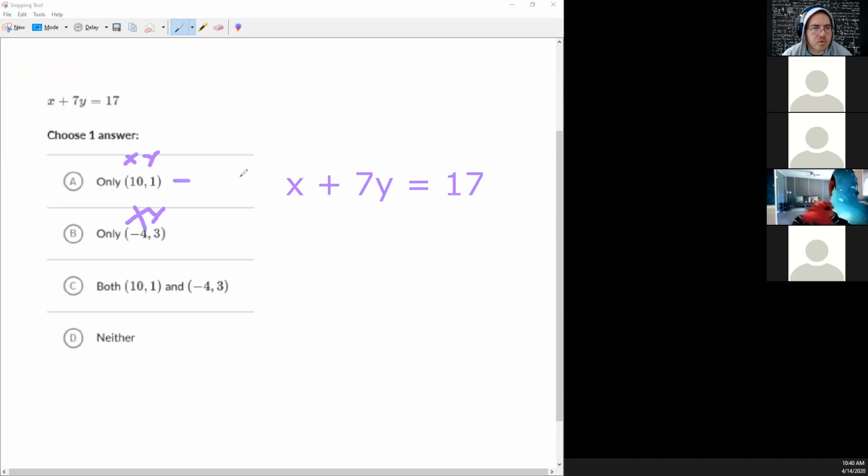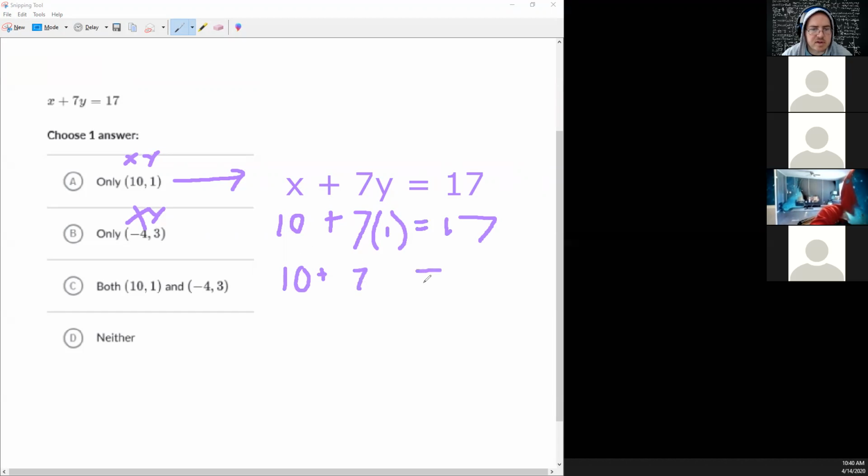So for this first one, the x value would be 10, and the y value being multiplied by the 7 would be 1. 7 times 1 is 7, so 10 plus 7 equals 17. And that looks pretty true to me. That seems to make sense. So I like A.